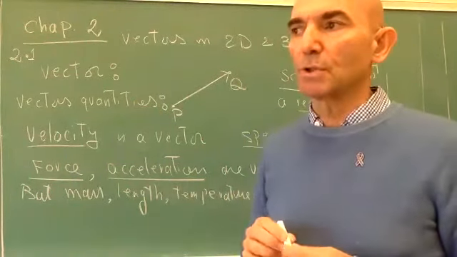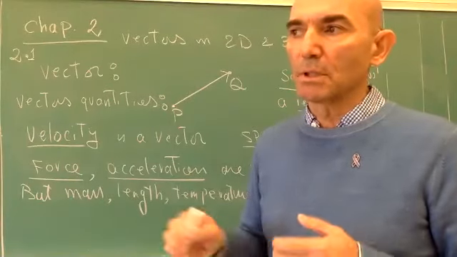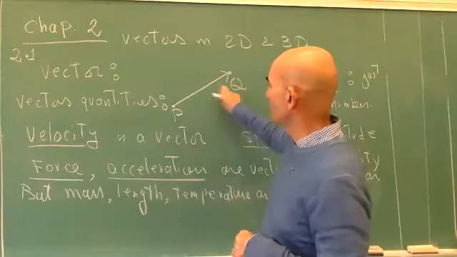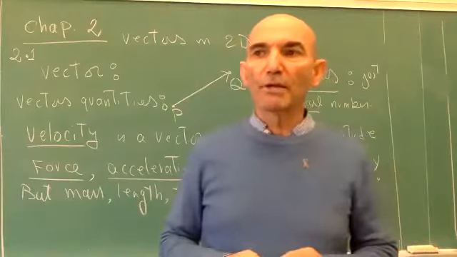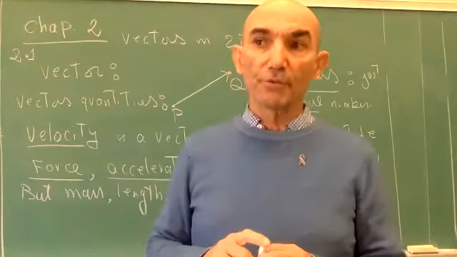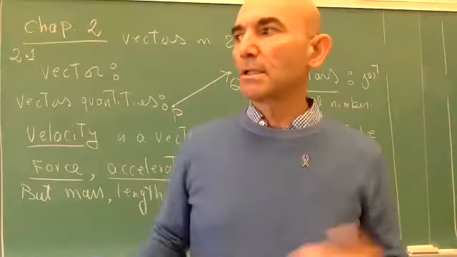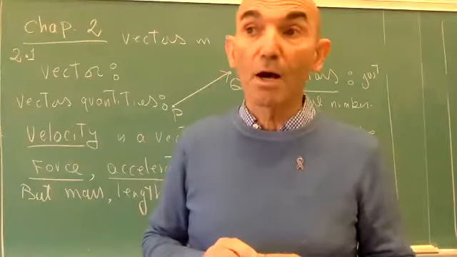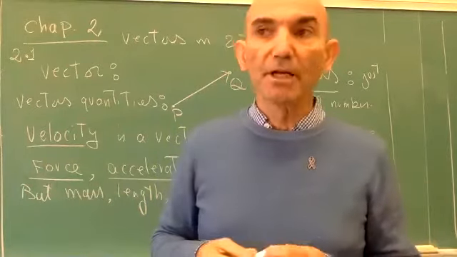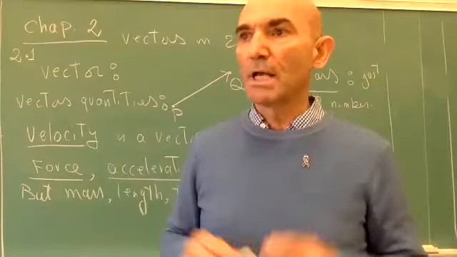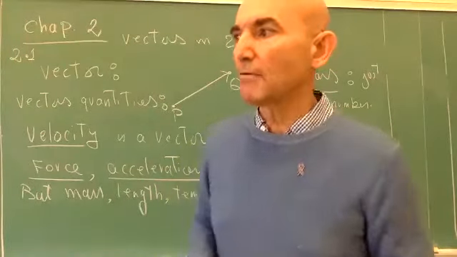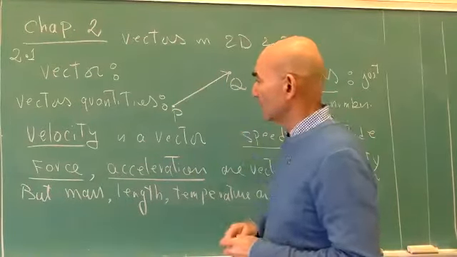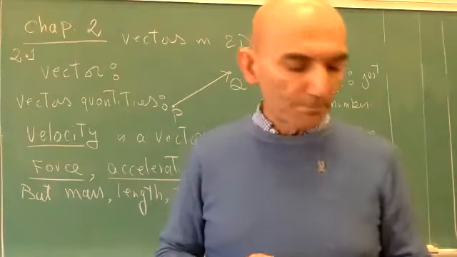You don't need to give me anything like this line from P to Q. You just have to give me a number, and we agree on some unit of measurement for temperature. For example, Kelvin. I say this room temperature is 32 Kelvin, which is not now, but let's assume, or 67 Kelvin, for example. Things like that, right? One real number gives you the value of your scalar. So there is a big difference between vectors and scalars. So that's what I wanted to say.